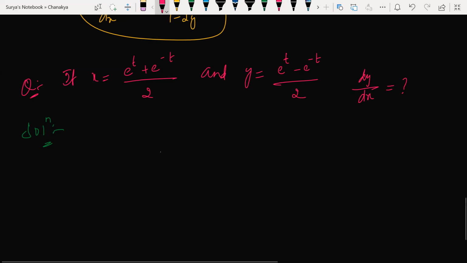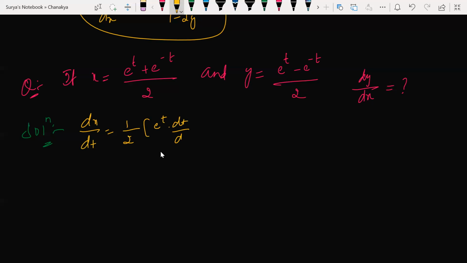First of all, you need to find dx with respect to dt. 1 by 2 outside, differentiation of e power t is e power t only, into inner function dt by dt, plus minus t into differentiation of minus t.